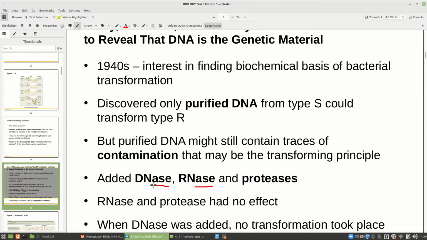So DNase destroys DNA. RNase destroys RNA. And proteases destroy proteins. So the idea here is they used these in this experiment, and that's what I would focus on. How did they use these things that destroy specific things to figure out that DNA was indeed the genetic material?